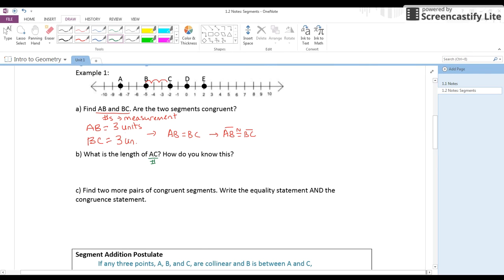AB and BC. So I can just add 3 plus 3 to get 6. So that's something to keep in mind as we go through this first part with segments. Let's say AC is equal to 6 units.